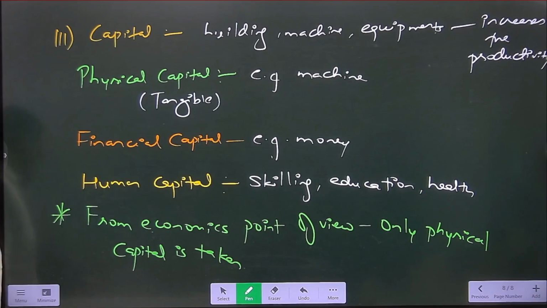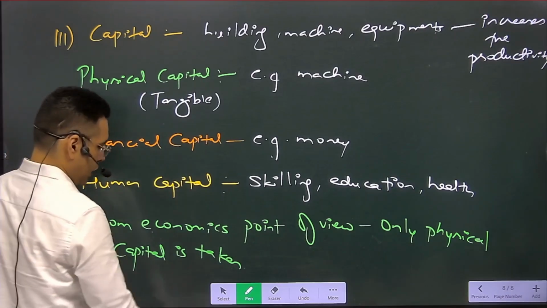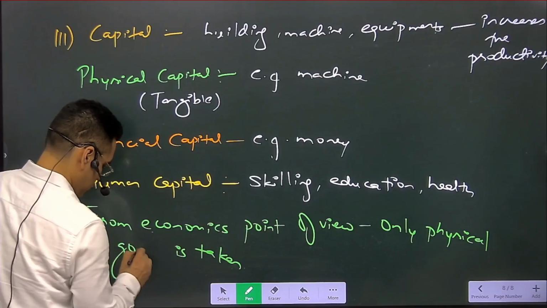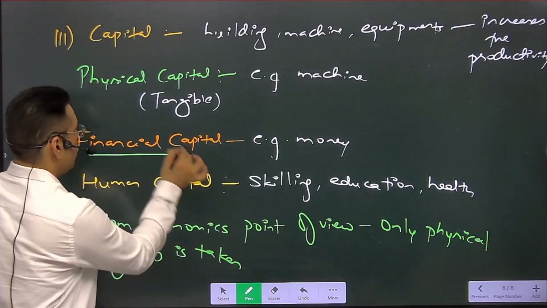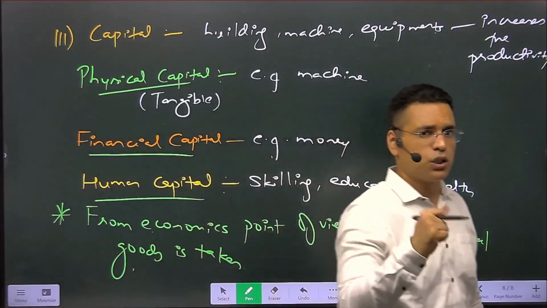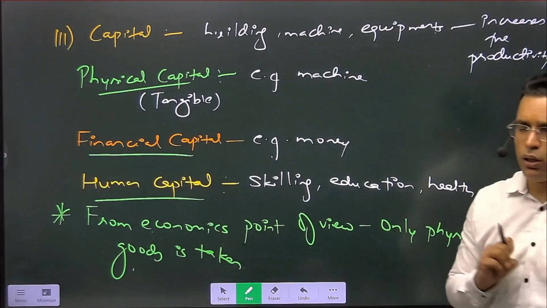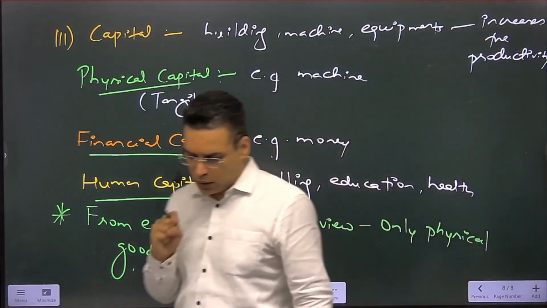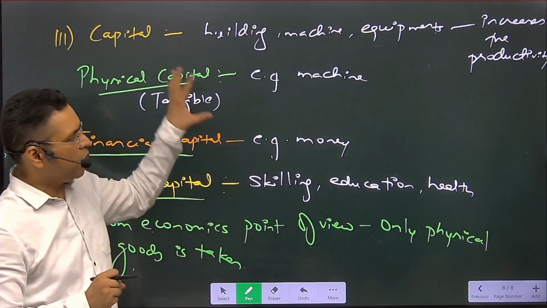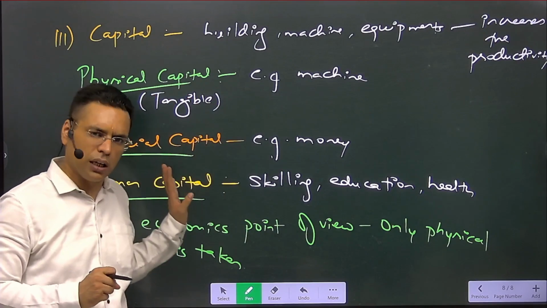Physical goods are considered. So these are the capital. Then we have more capital, for example, intellectual capital, civic capital, social capital. Now these are terms that we also need to understand. But broadly, from the production point of view, we count only physical capital.